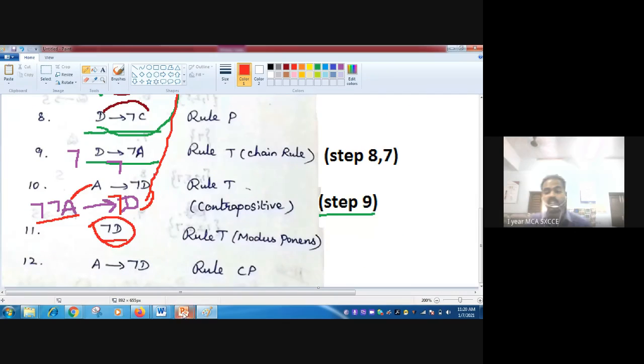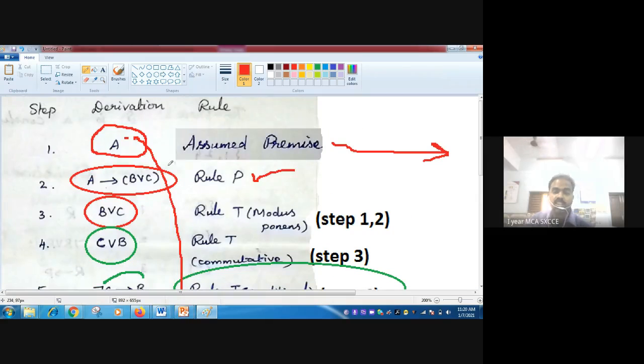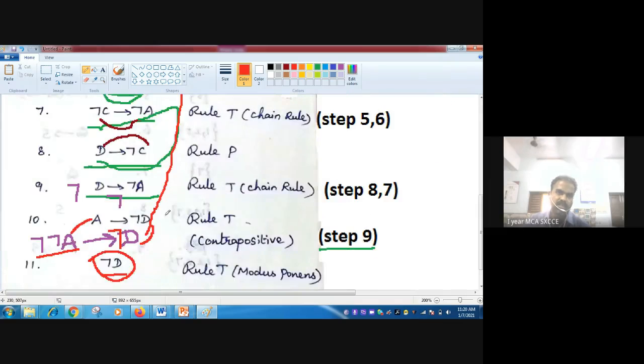So this is the way we are proving the conclusion. We are arriving at the conclusion. This is the CP rule. What we have done at the beginning is that we included an assumed premise first, okay, and we are able to arrive at the conclusion.